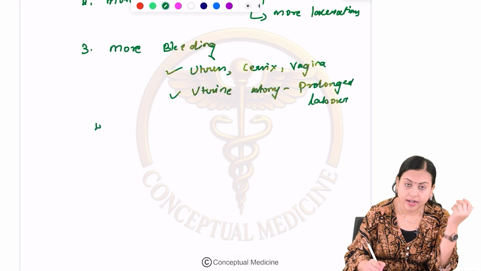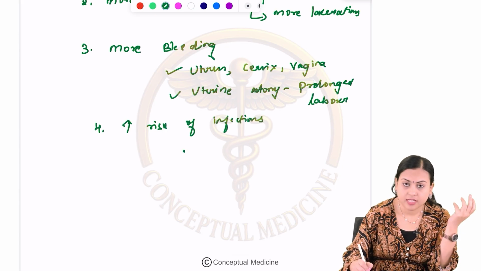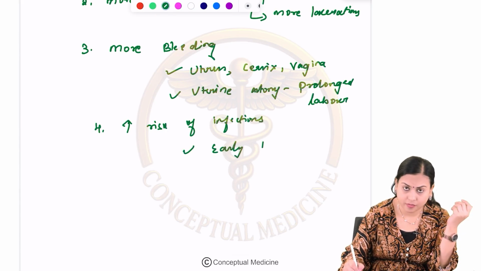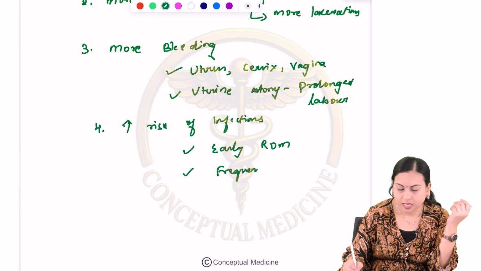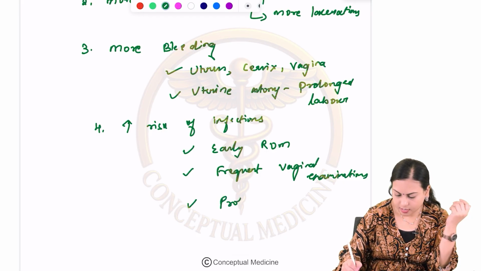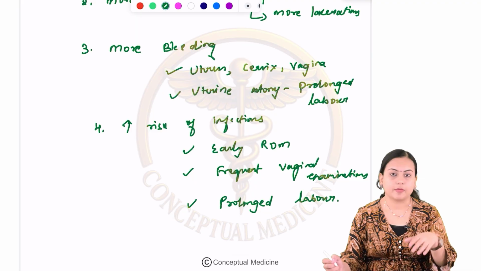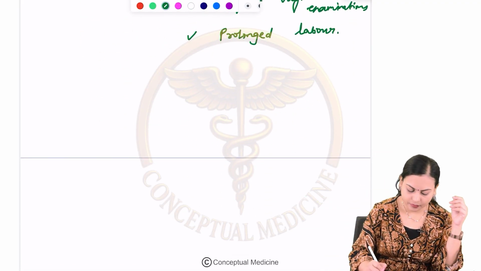There is also an increased risk of infections, because there is a chance of early rupture of membranes, as I have told you. Then there can be frequent vaginal examinations which are done to assess the progress of labor, and as we have seen already, there is a risk of prolonged labor as well, right?